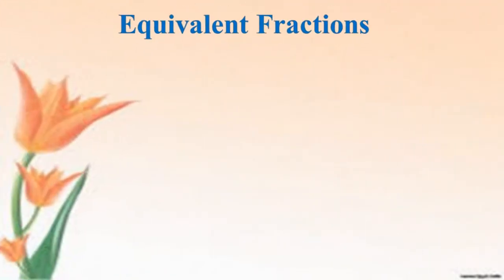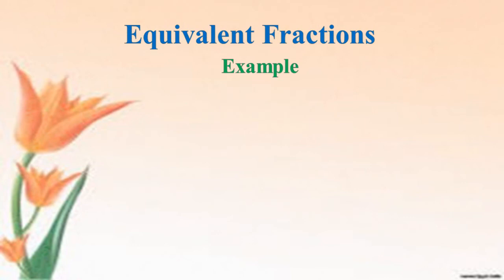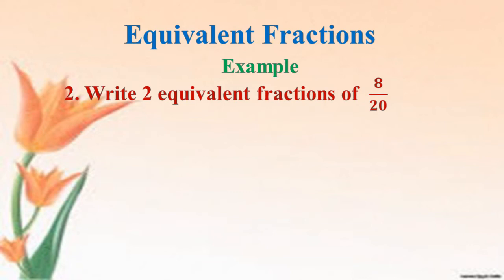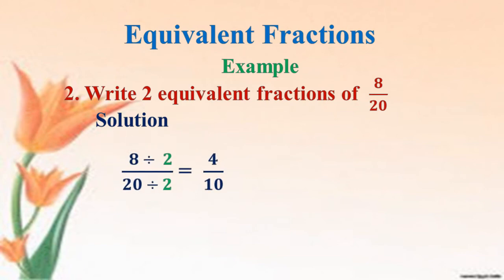Let us see one more example for equivalent fractions. Write two equivalent fractions of 8 by 20. Now we are going to divide the numerator and the denominator by the same number, 2. When you divide the given fraction 8 by 20 by 2, we get 4 by 10.